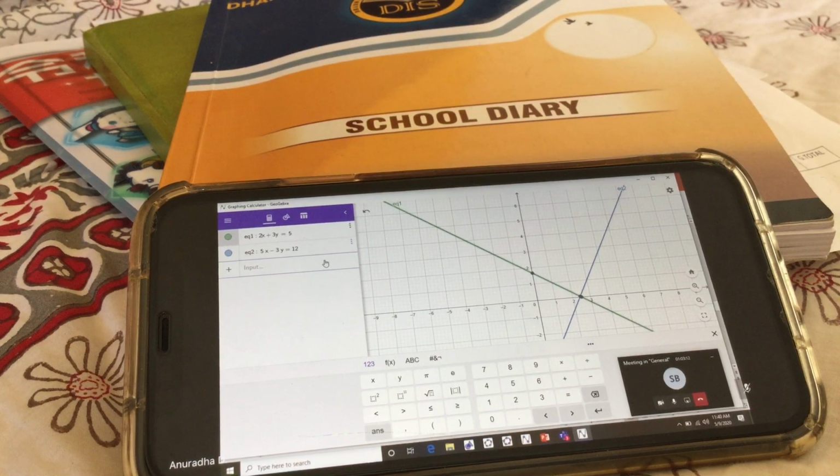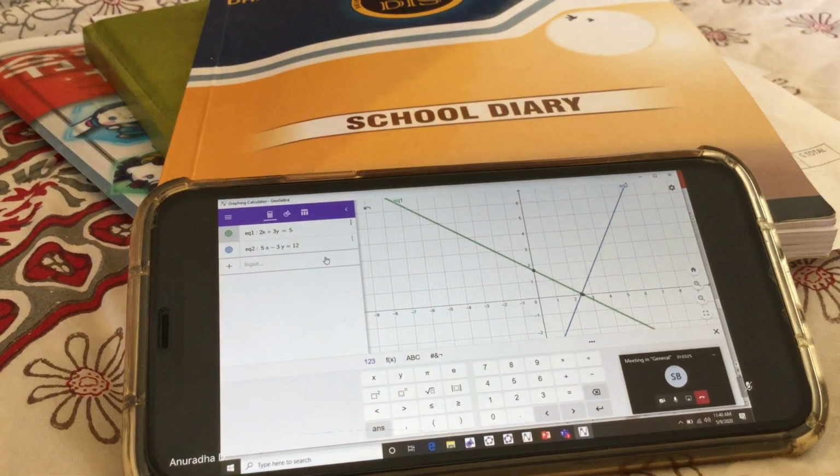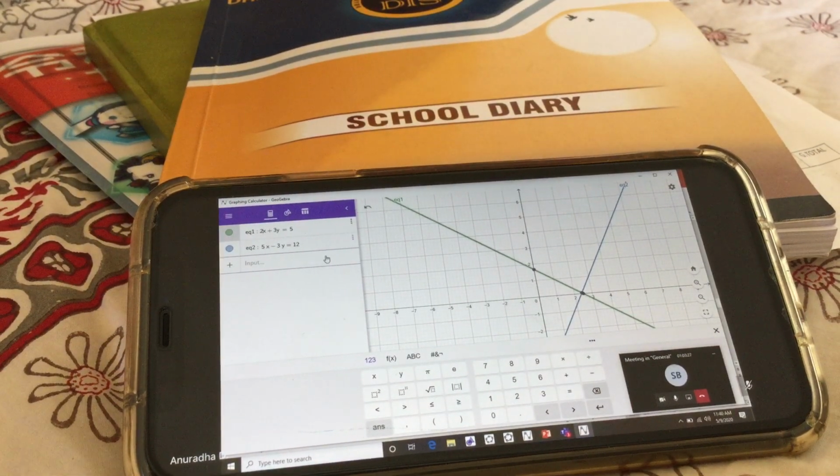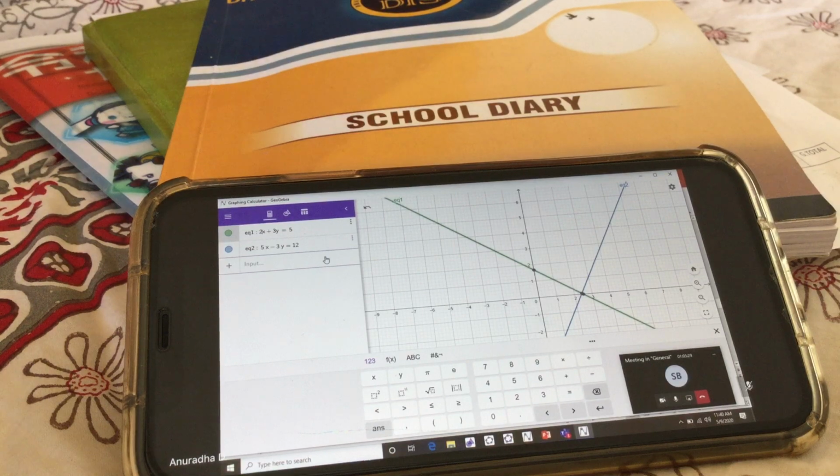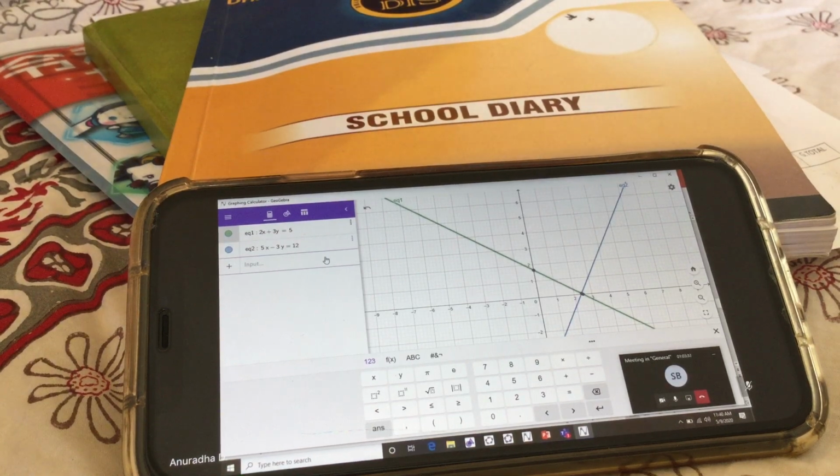But if your objective is understanding the conditions for consistency, their graphing skills are not important. It is their understanding of how A1 by A2, B1 by B2 and C1 by C2 should be, so that the lines become intersecting or parallel.